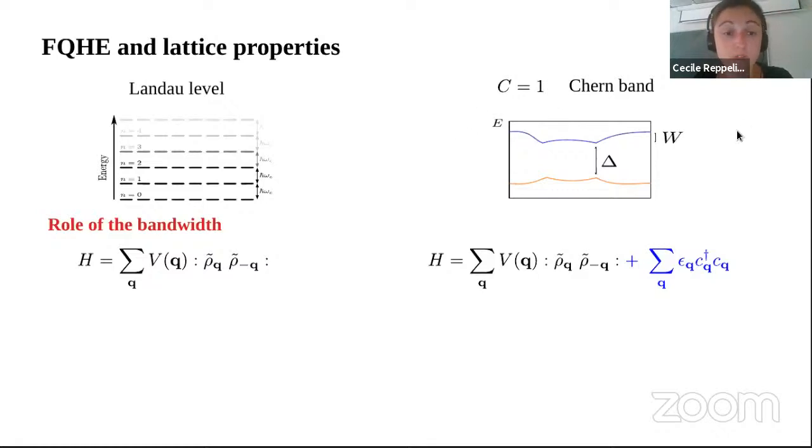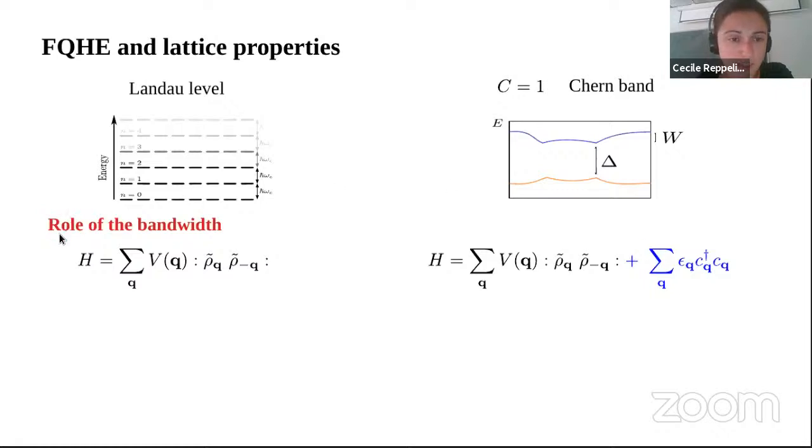Depending on the system you're working with, this may or may not be an approximation that you want to make, but I think it's justified in some cases at least. The difference between the two systems is that you have a non-zero bandwidth, which, if I write down the Hamiltonians in k-space, is this additional term.